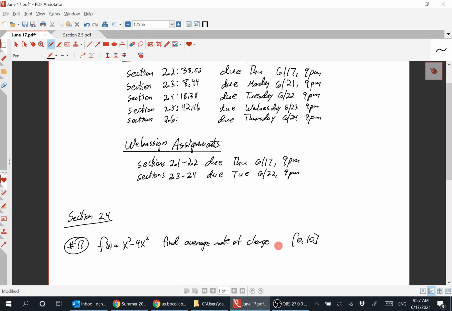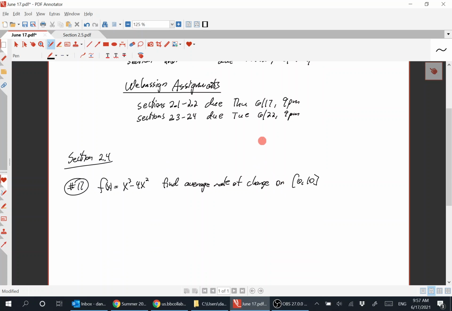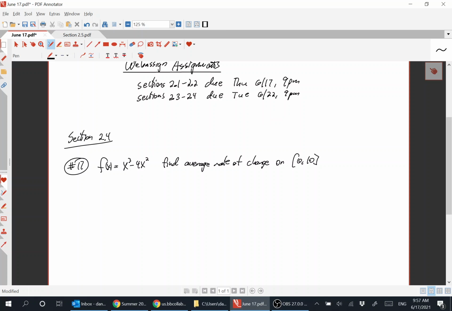So we have the interval from 0 to 10. We're looking for the average rate of change. So that's just going to be equal to f of 10 minus f of 0 over 10 minus 0.